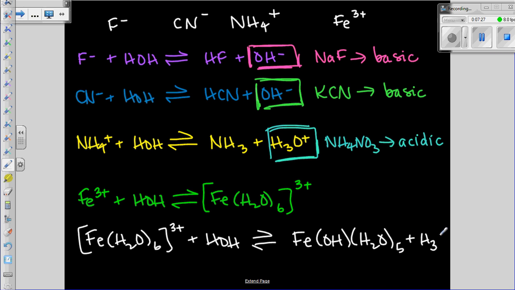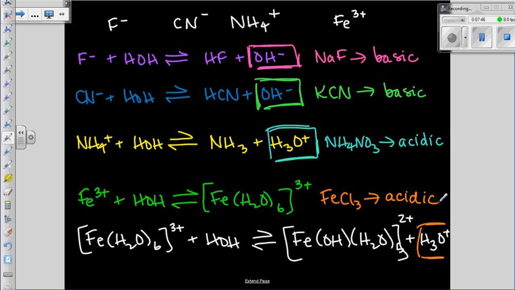So we get hydronium ion, and then we get this nice, scary looking new complex ion. The hydronium ion that forms tells me that iron 3 chloride is an acidic salt. Everything done?